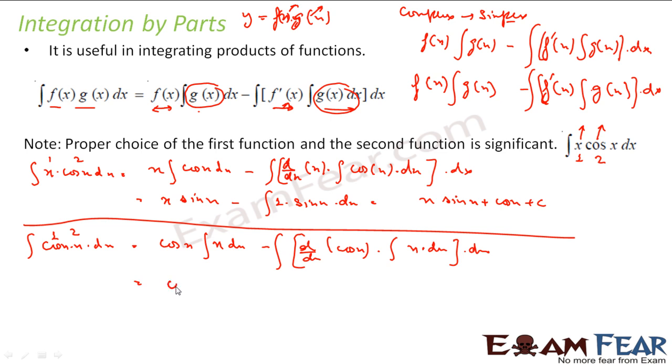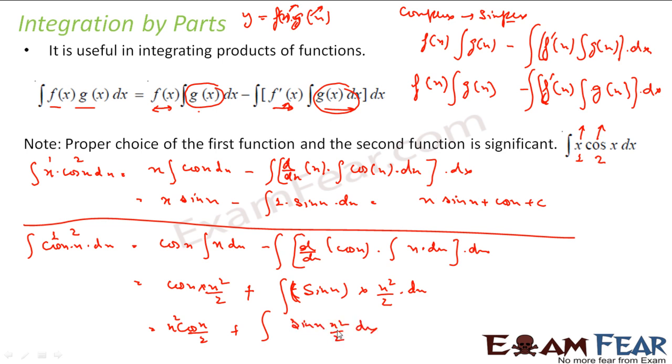So this becomes cos x times x squared by 2, minus d by dx of cos x, which is minus sin x, times x squared by 2, the whole thing integrated. Minus minus, I will take it as plus here. So now my equation is x squared cos x by 2 plus the integration of sin x times x squared by 2. This was a little simpler actually. I am making my equation more complex.